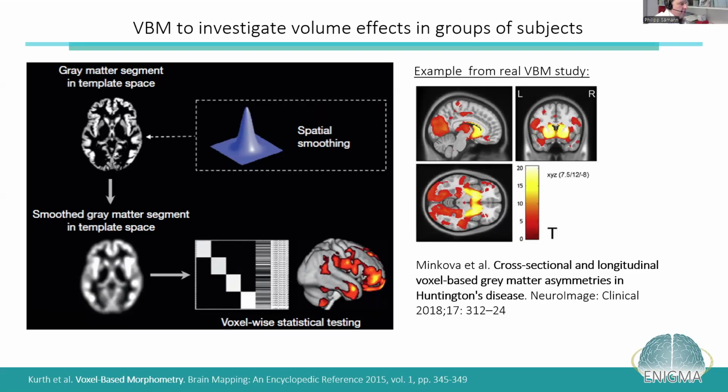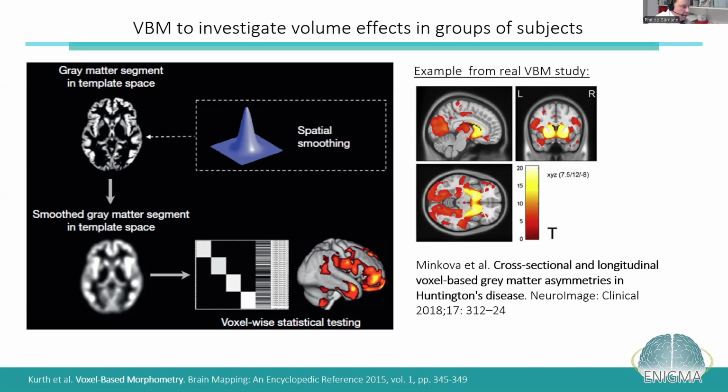The reason this smoothing is done is that it can compensate for a certain imperfection of the spatial normalization, and the smoothing also improves the statistical properties of the model. After you've done this, you can start to do group comparisons.